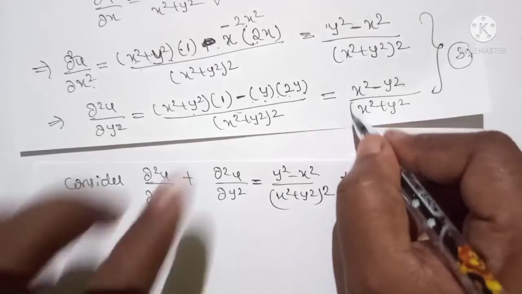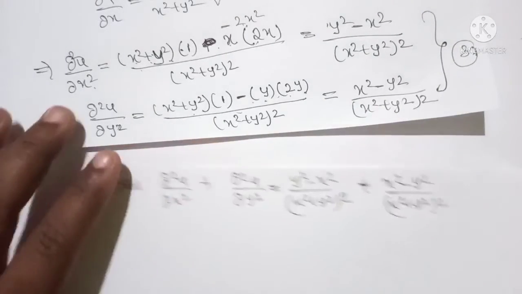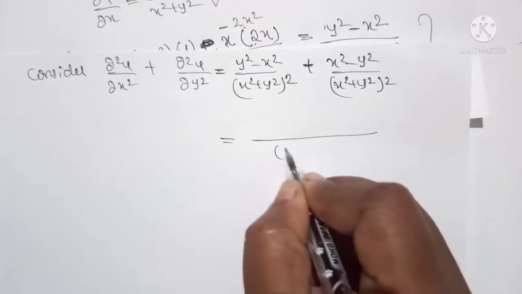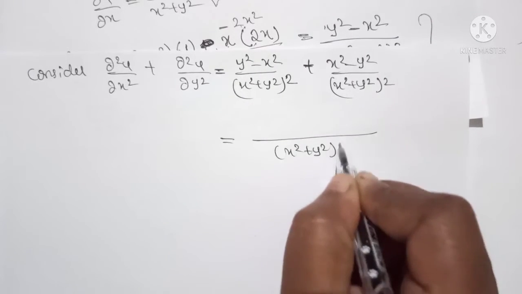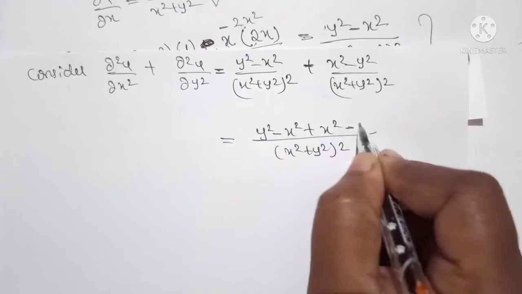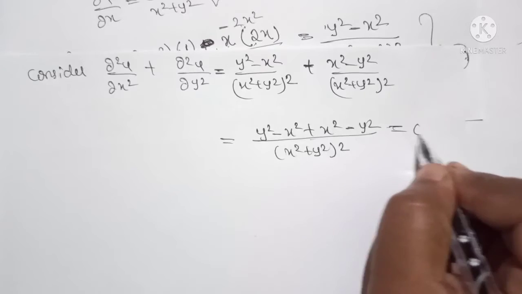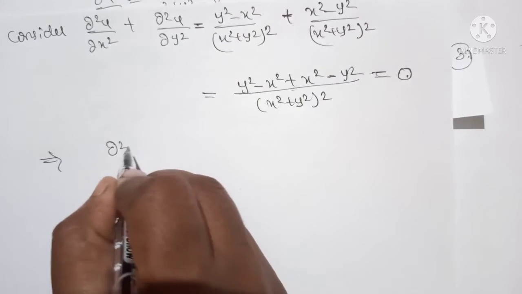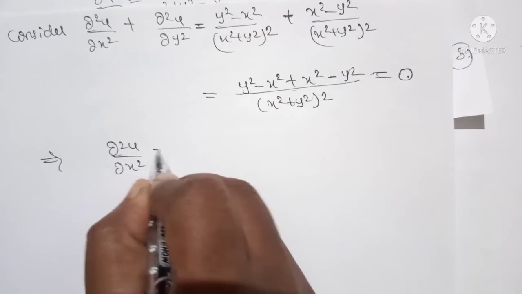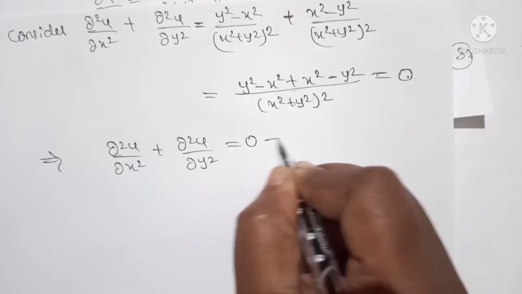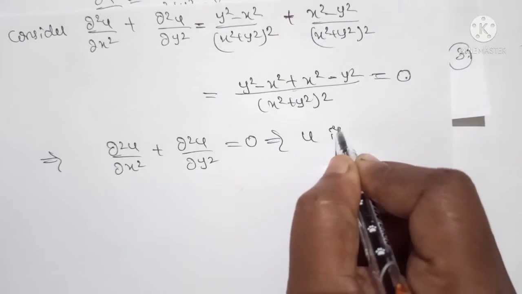Simplifying, taking LCM, we get x square plus y square whole square in the denominator, numerator becomes y square minus x square plus x square minus y square, which cancels, we get 0. Therefore dou square u by dou x square plus dou square u by dou y square equals 0, which implies that u is harmonic.